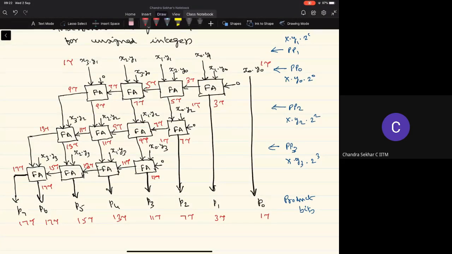I just want you to make use of this observation to come up with an expression for the delay of this multiplier circuit for an n-bit case. I'll give you a couple of minutes to think about it. I want you to give me an expression in terms of n, and of course there will be some constant values.